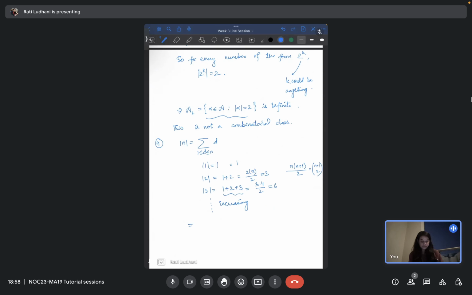So this implies A_m can only be 0 or 1. This implies this is a combinatorial class for all m belongs to n.